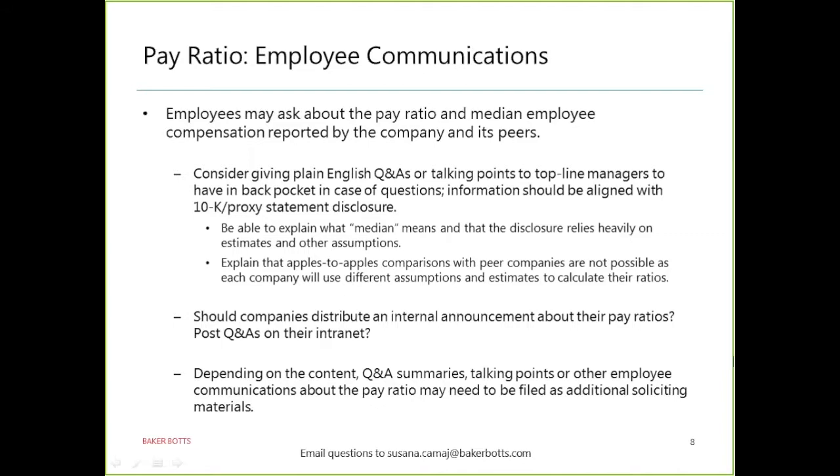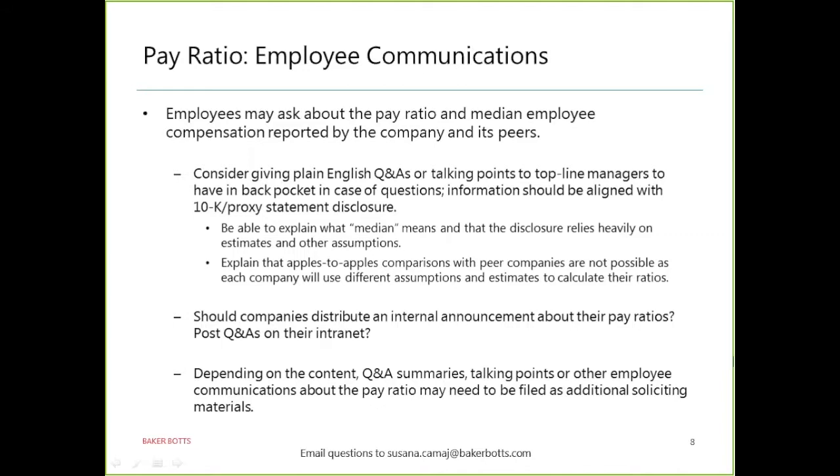And the counterpoint would be that, for example, that company that perhaps got some blank stares from their employees when asked about the company's proxy statement, perhaps the alternative would be not to include the proxy statement or the 10-K disclosure or an internal announcement on the intranet, but perhaps to prepare some plain English Q&As or some talking points for the top line managers to have in their back pocket in case any questions come up, so that they're not taken by surprise if they do get asked that question, but on the other hand, maybe keeping a low profile with this disclosure.